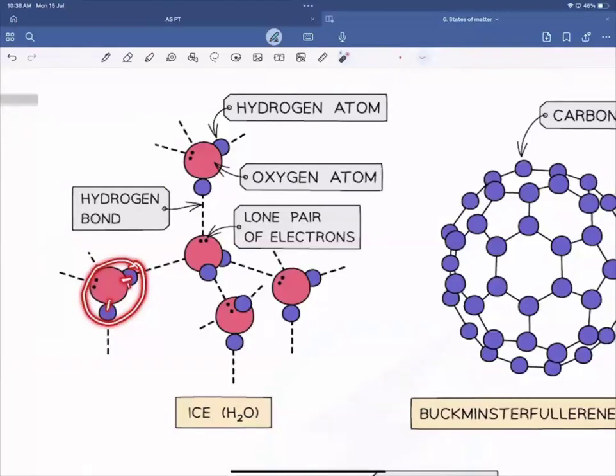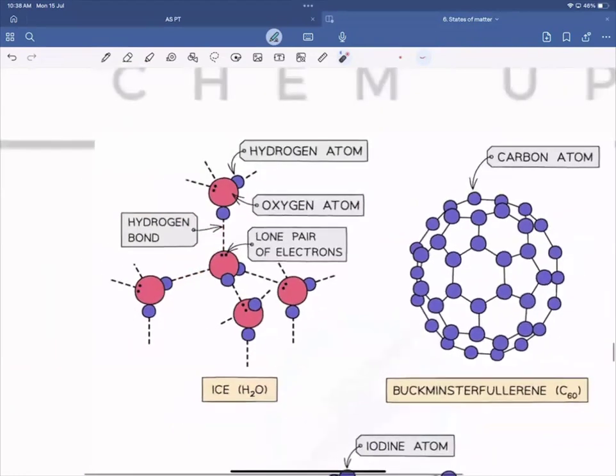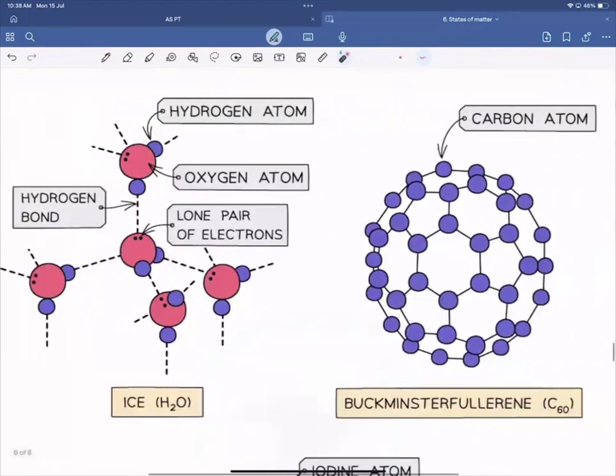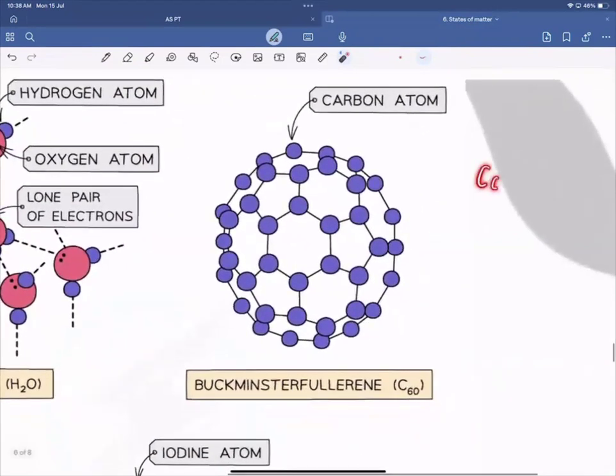It's a covalent bond, isn't it? So it's a covalent bond, and the two molecules are attracting each other, and that is due to the hydrogen bond. Understandable? Yes, sir.